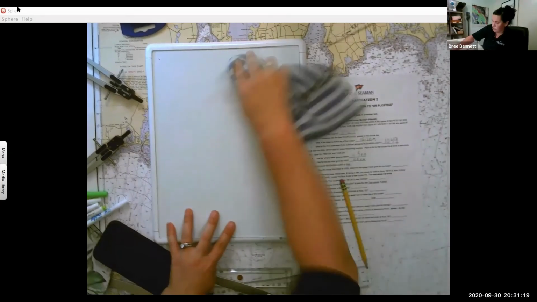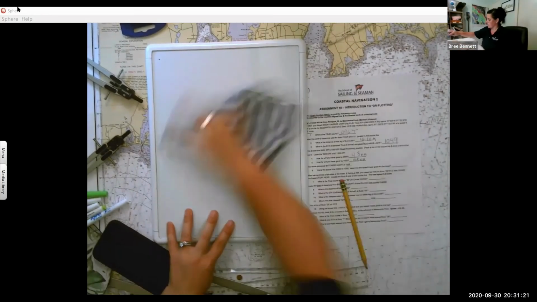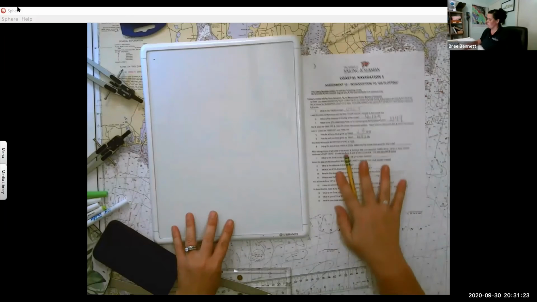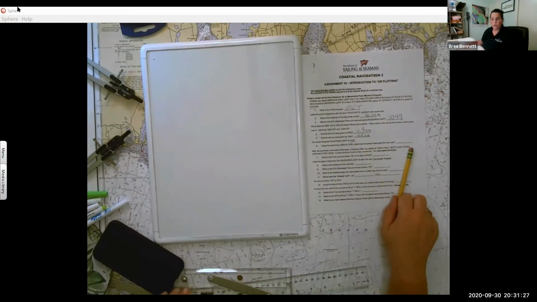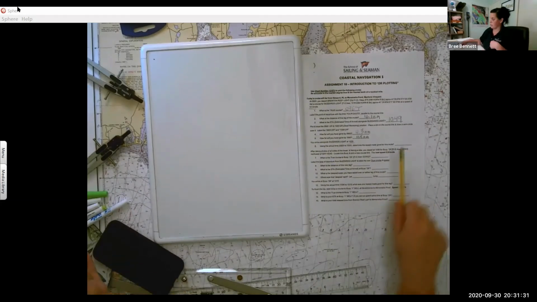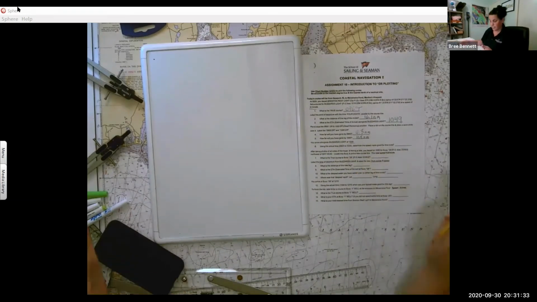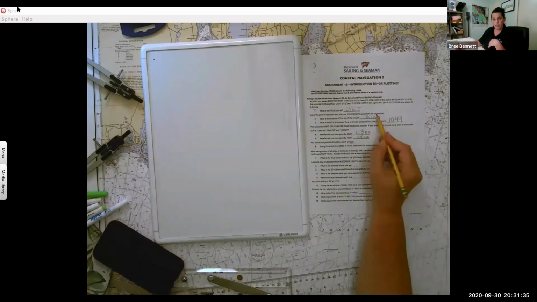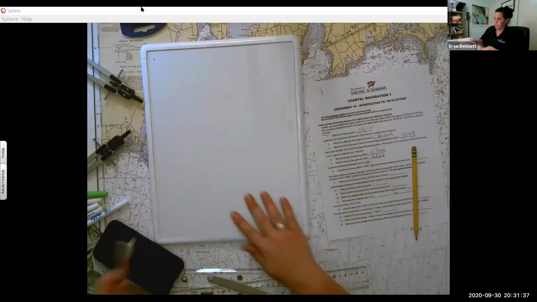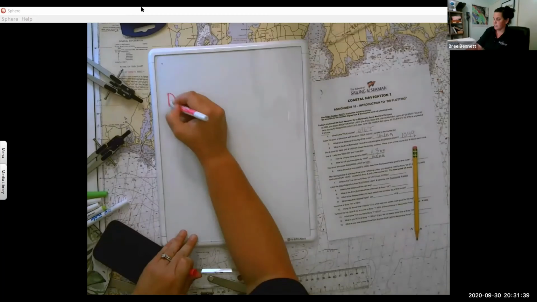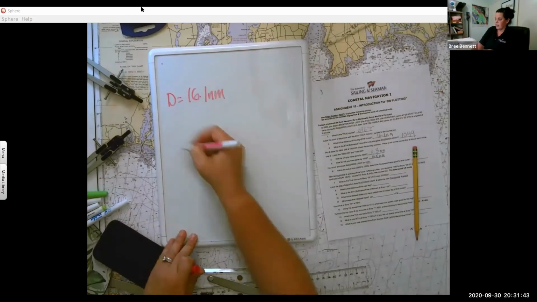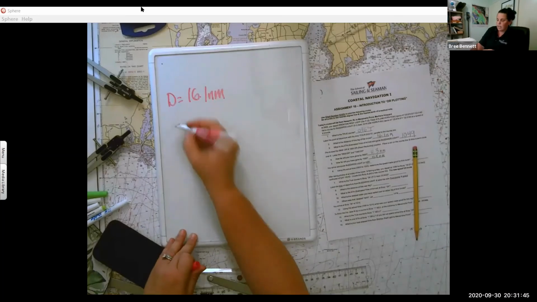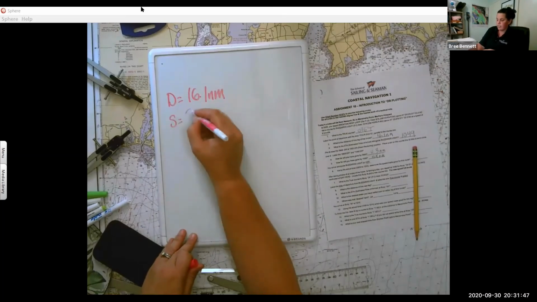I got there in a shorter time. Now it's going to ask us, determine the speed made good for this leg. With these two times, I know the distance. My distance was 16.1 nautical miles. I now have some time. I'm looking to find speed.